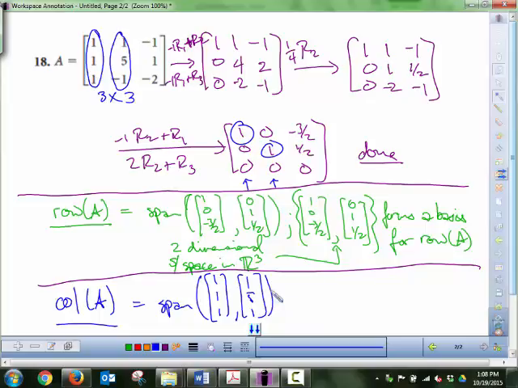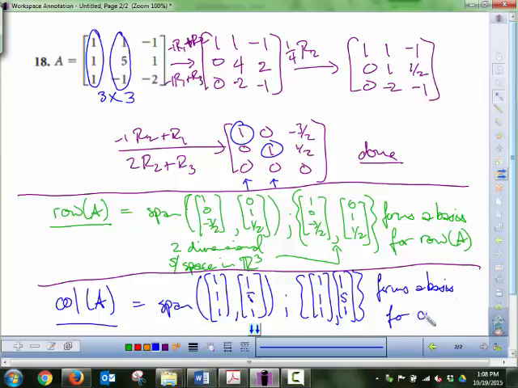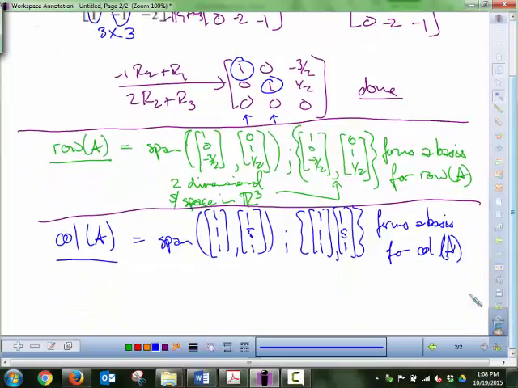We'll just say the span is equal to this, and they will form the basis. Now, it just happens that they're living in R3 as well, but the original vector spaces for these things don't need to be the same if your matrix is not a square matrix.